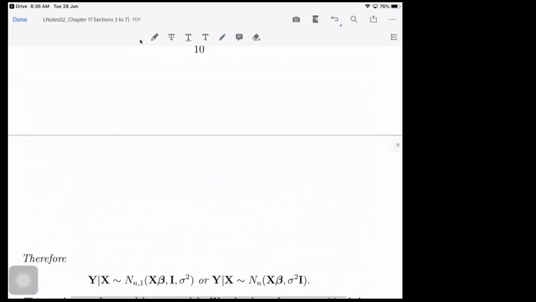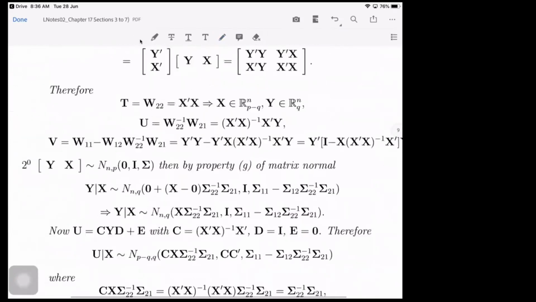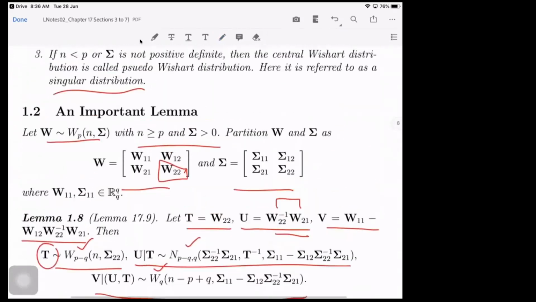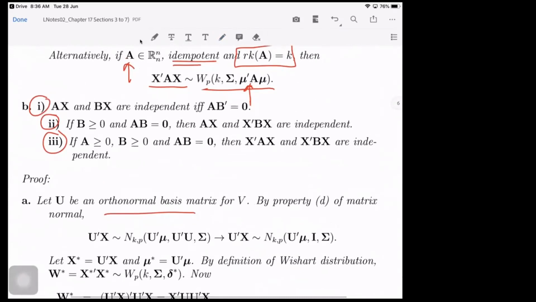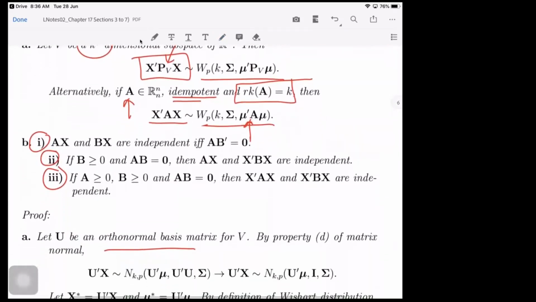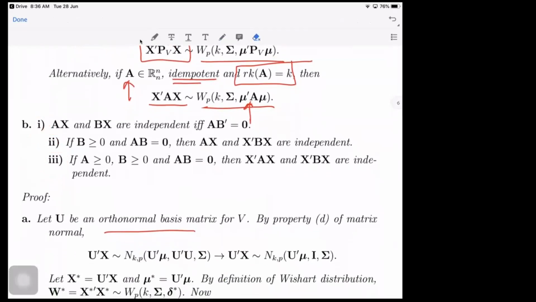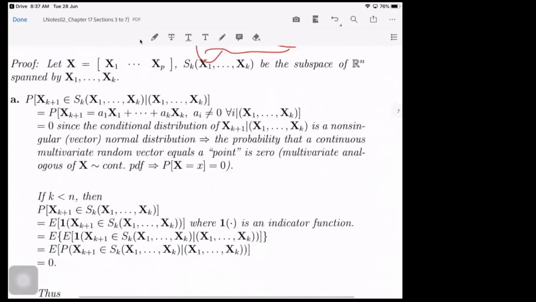That is the usefulness of these three. What is that theorem? This is theorem 17.7, no? Verification if X and W there are independent.